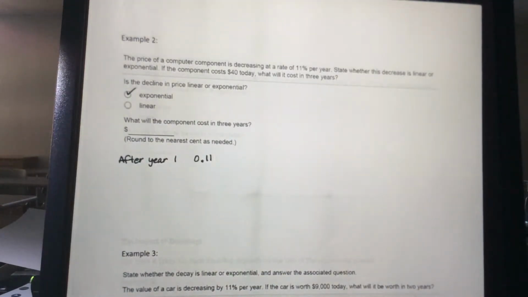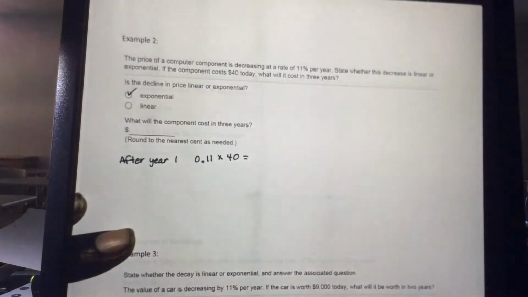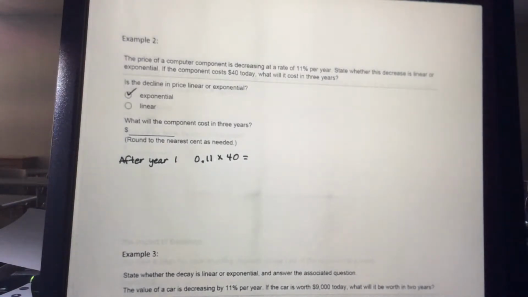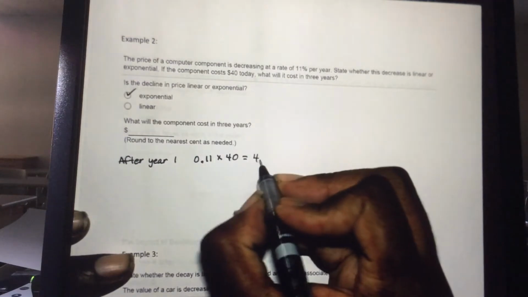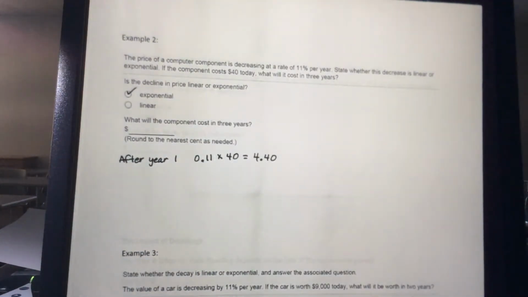Here you take 11%, drop the percent sign, divide that by 100, and you'll get the decimal form of 0.11. We're going to multiply that by $40. So on your calculator, if you do 0.11 times 40, you're going to get, to 2 decimal places, 4.40. That's the amount of the decrease.